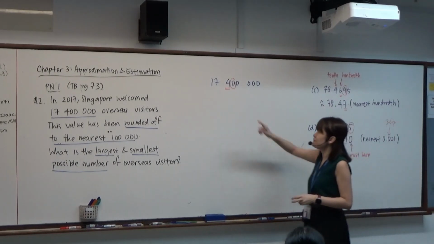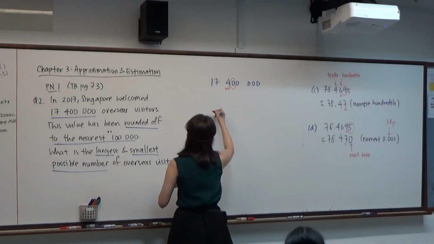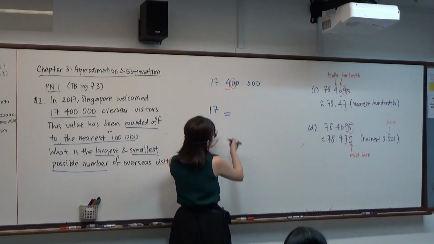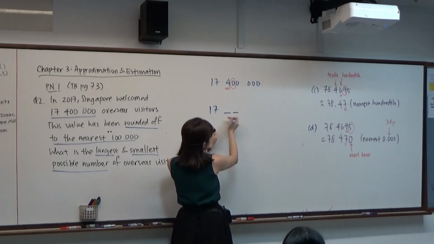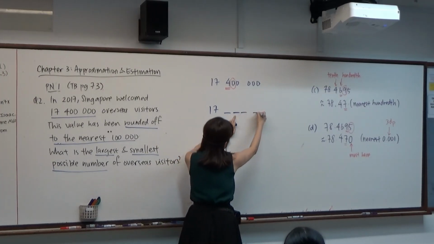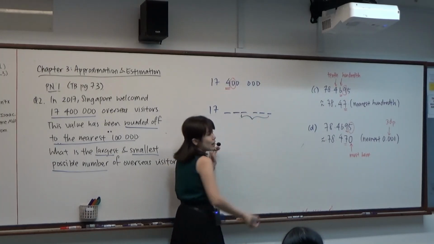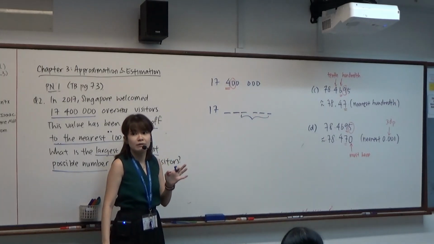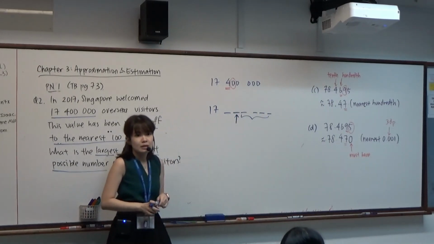So before we round off, let me write this here. We have a certain number in the 100,000 place, another number in the digit on the right, and of course some other digits over here. These digits really don't matter in terms of our rounding. What affects our rounding is this digit over here.